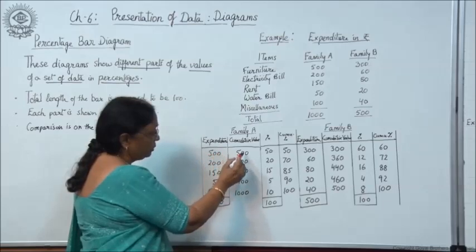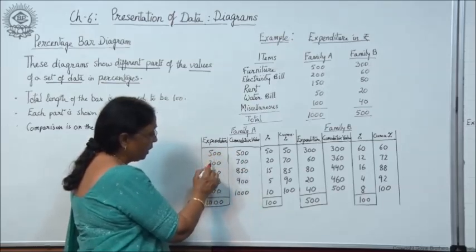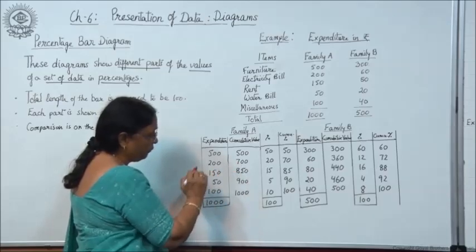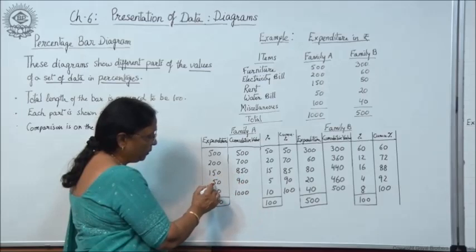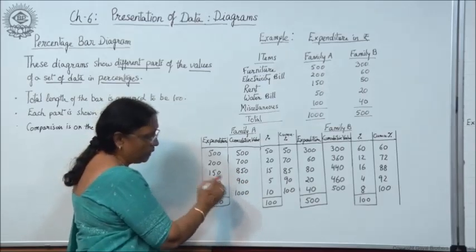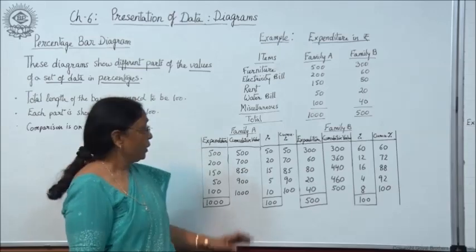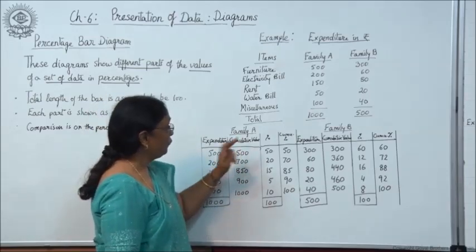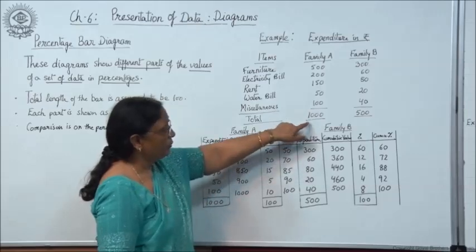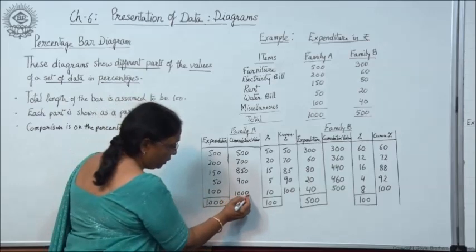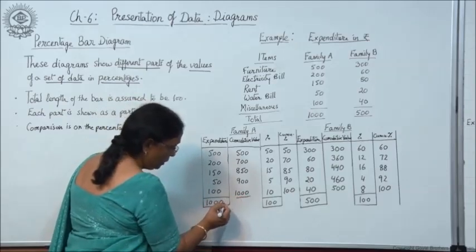First is 500, add 200, then it becomes 700, add 150, then 850; 850 plus 50 is 900, then again added up, that becomes 1000. So the total cumulative value of expenditure of family A is 1000, which is the same as here. This is the total. This figure will be the same as this one.